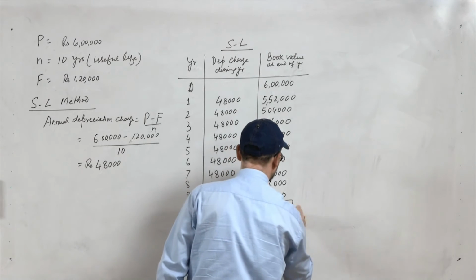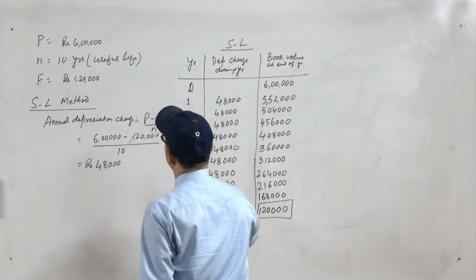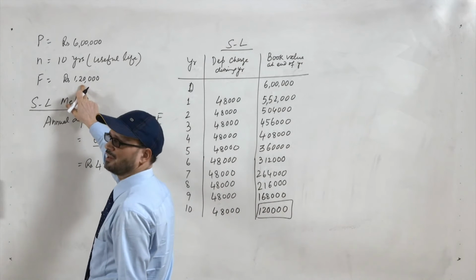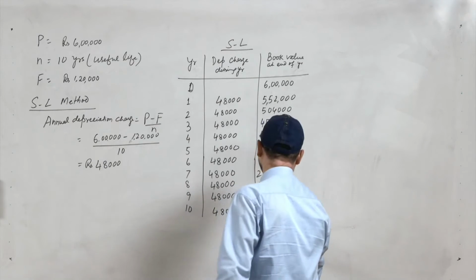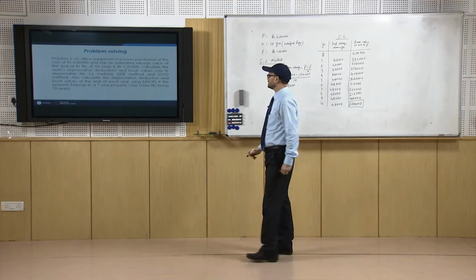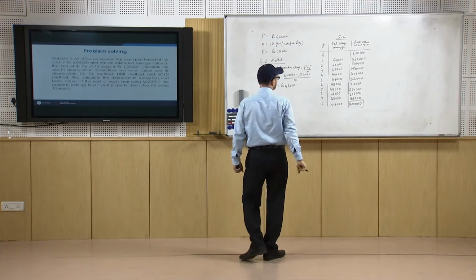So, you have the salvage value at the end of the 10th year as 1,20,000. This is done using the straight line method.